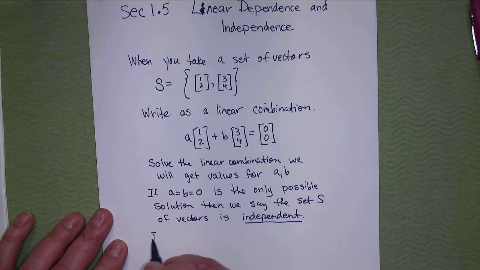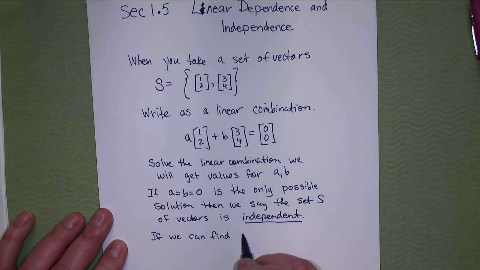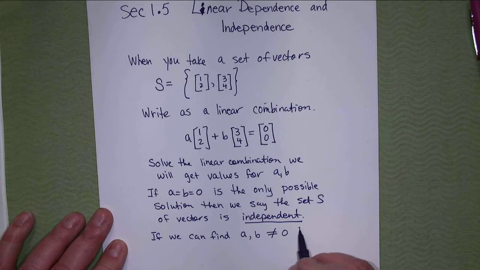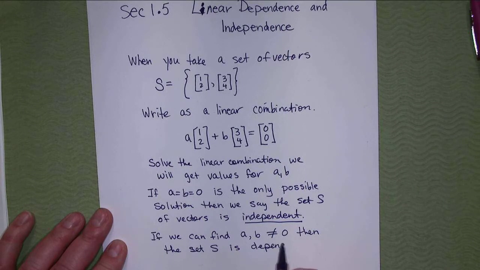And if we can find A and B so that they're not equal to 0, then the set is dependent.